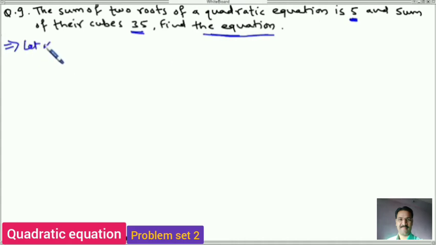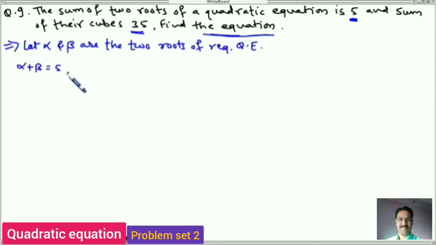Let alpha and beta be the two roots of the required quadratic equation. This is very important. What is given to us? Alpha plus beta is given, which is 5, and the sum of their cubes is also given, that is alpha cube plus beta cube is equal to 35.